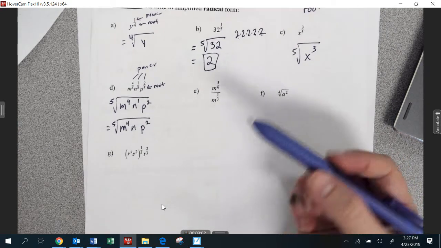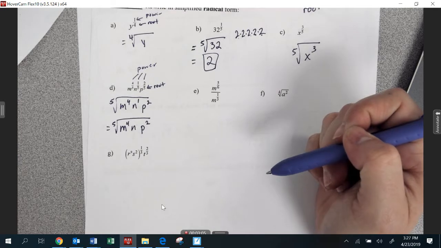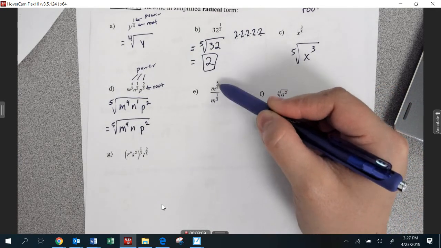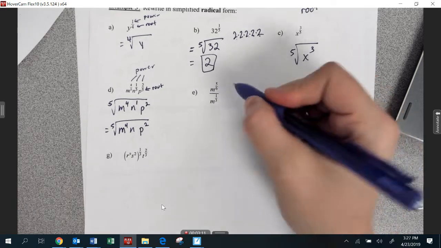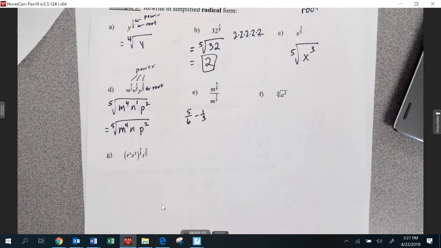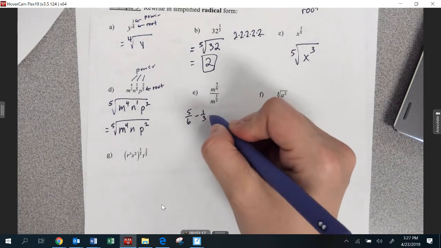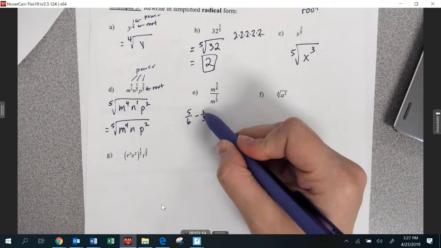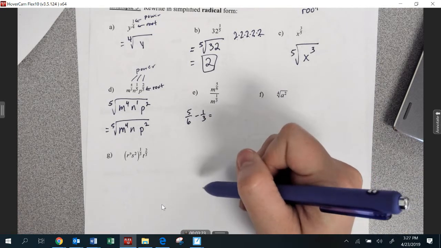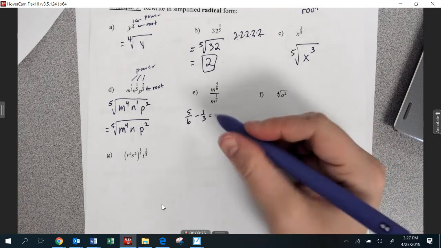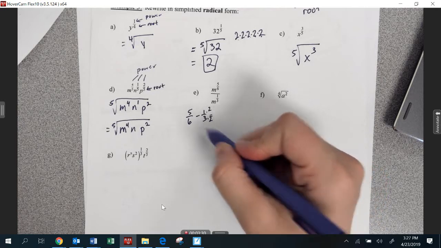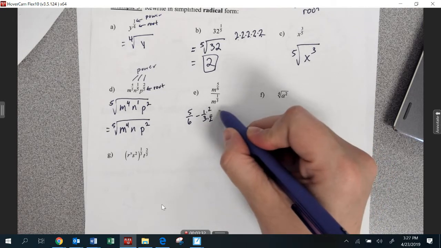All right, letter E actually draws back from our exponents examples and our exponent rules. Since I have the same base, I can subtract our exponents. So I can think 5/6 minus 1/3. Now I could throw that in my calculator, or I could think, what can I convert this to so that I have common denominators? Well, if I multiplied both top and bottom by 2, I could get to a denominator of 6.